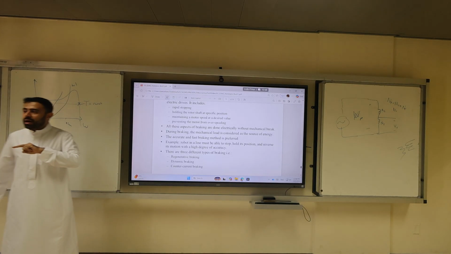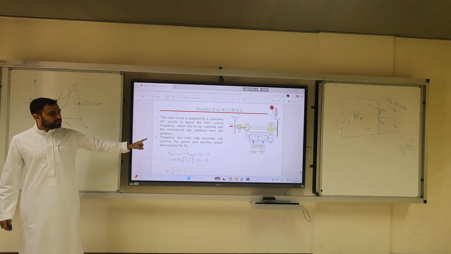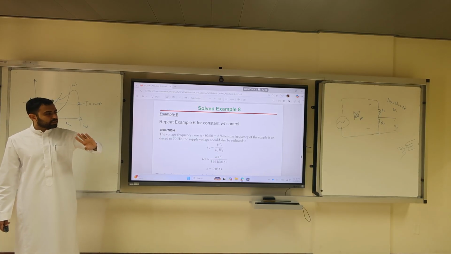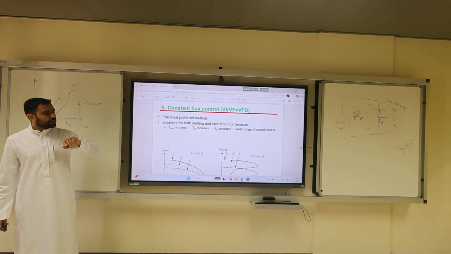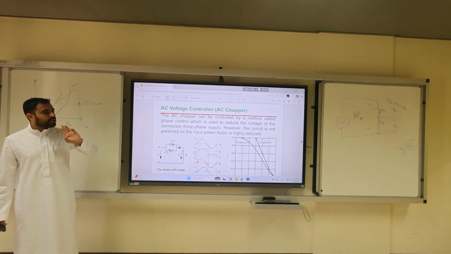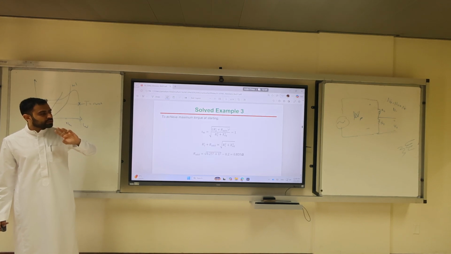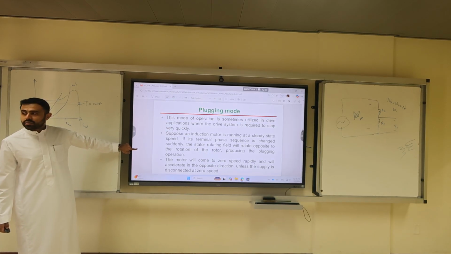I'm not talking about this curve, the generating mode. This is different. We're talking about operating modes. There are three operating modes: motoring mode, generating mode, and plugging mode.